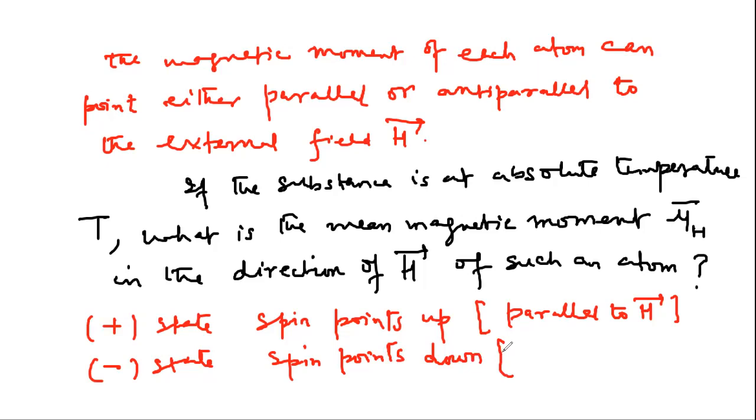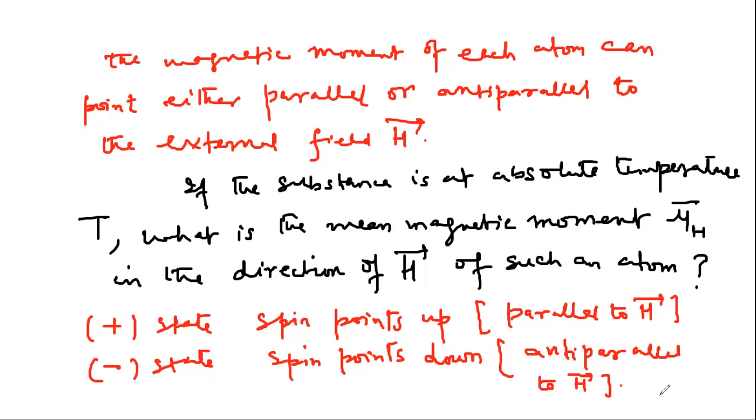That is when the magnetic moment of the atom is anti-parallel to H. Right? So we have these two states.